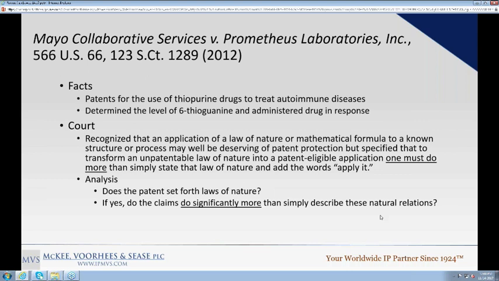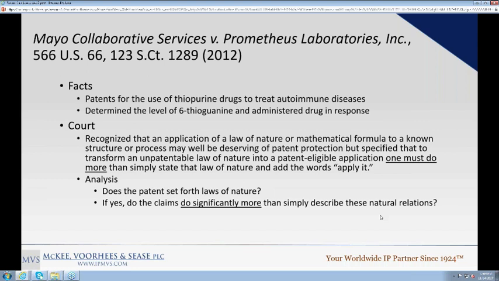So looking at the claims, they asked, do the claims do significantly more than describe these natural relations? Before, in the old 101 cases, you didn't have these kinds of questions of significantly more, or inventive concept. The cases tended to be more black and white: does it fit into one of the criteria in Section 101, or is it one of these excluded areas?